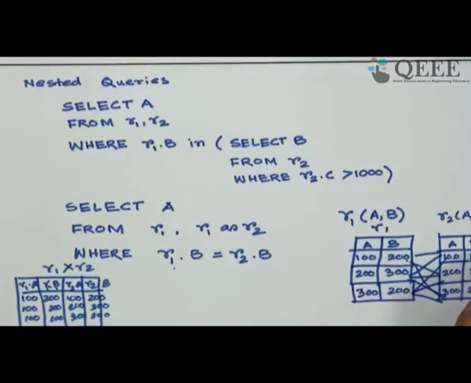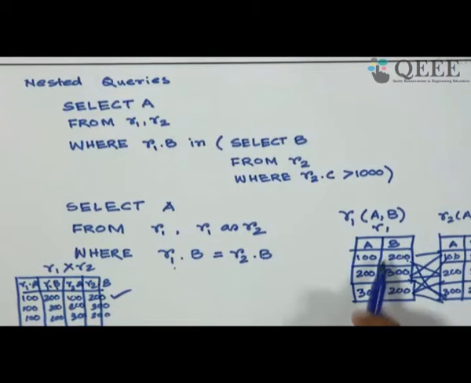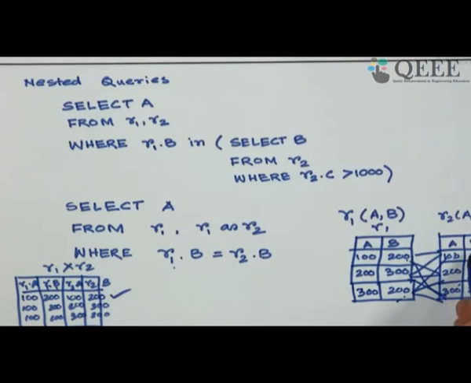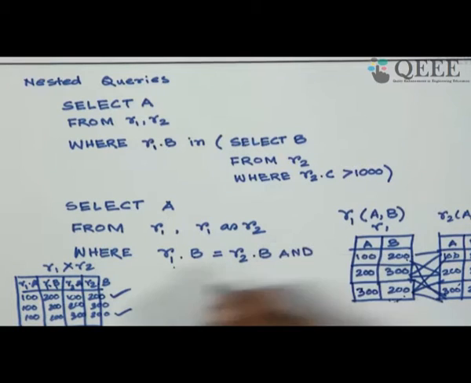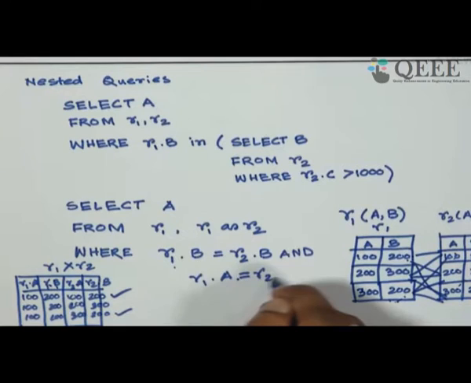This 200 is joining with this 200, so this with itself will be one. When this joins with this, it need not be the same, because the B value does not match. Here again the B value matches, and here again. So there are some tuples where the B value is matching. Note that this is a theta condition. I can put an additional condition like R1.A equals R2.A; in this case all the attributes match.